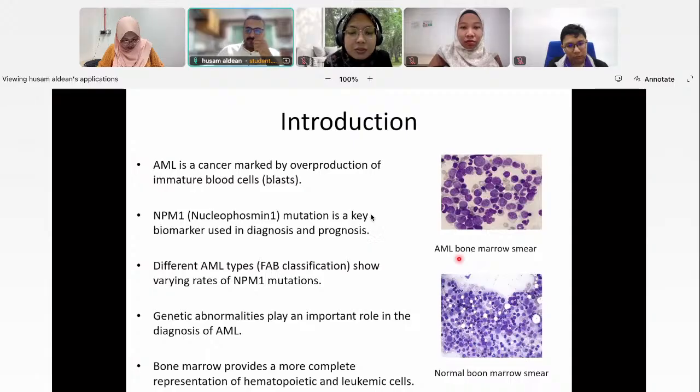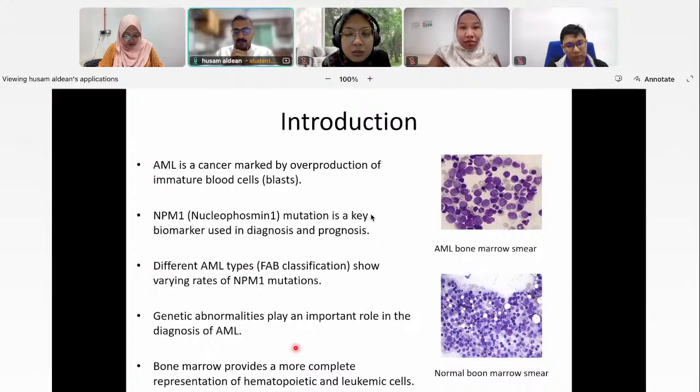So here we have the AML bone marrow smear, which is filled with blast cells related to the AML disease, and here we have the normal bone marrow smear, which is filled with many types of cells. Why do they use bone marrow smear in this study?